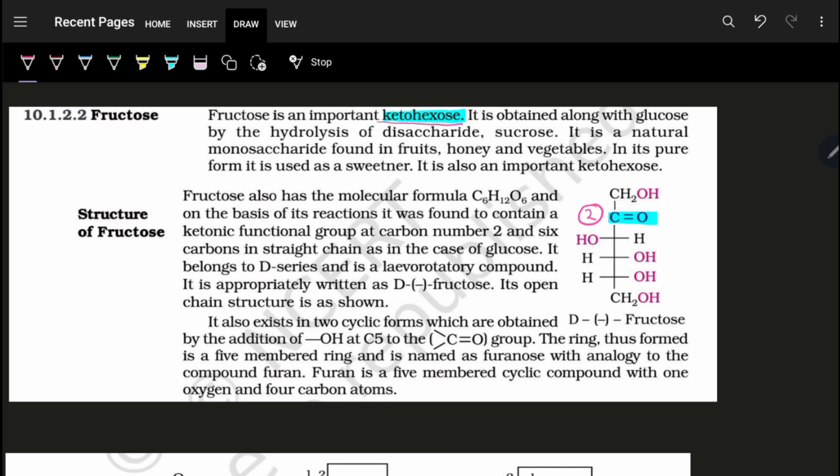Fructose and glucose are obtained by the hydrolysis of sucrose, and that we have already seen in the previous module. Now, it is very important to understand that apart from the structures of carbon number 1 and 2, the rest of the carbons, C3, 4, 5 and 6 of fructose, are the same as those of glucose.